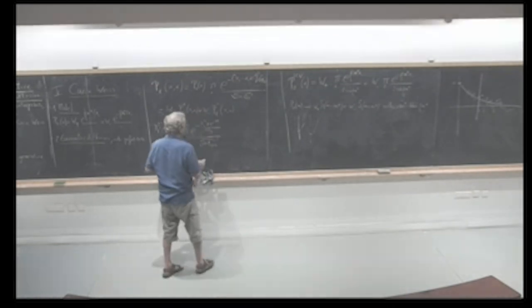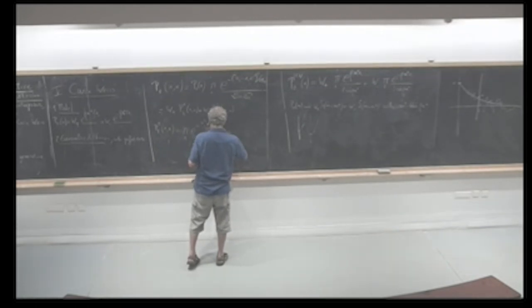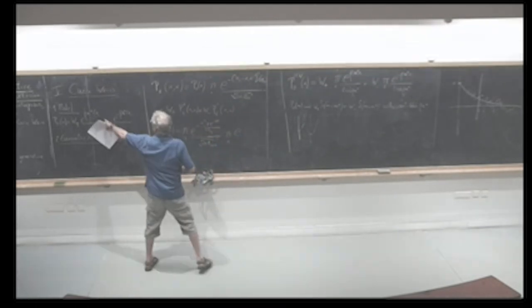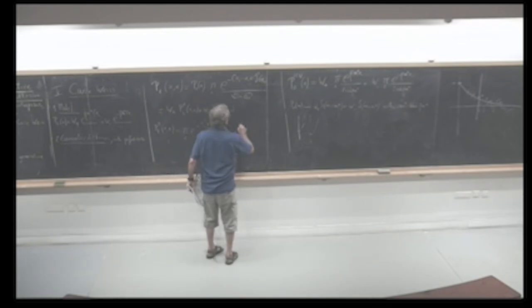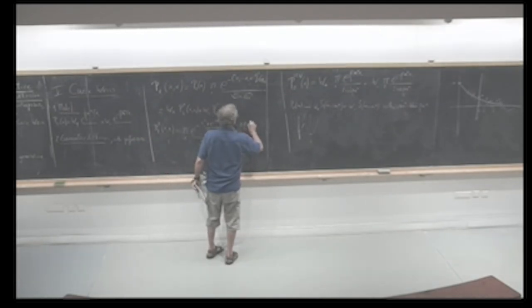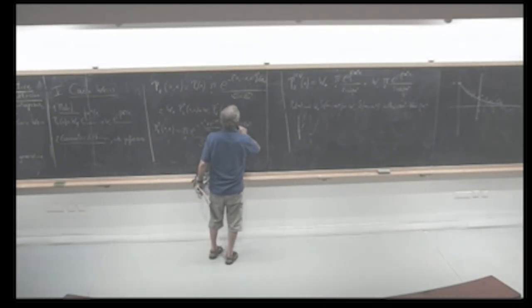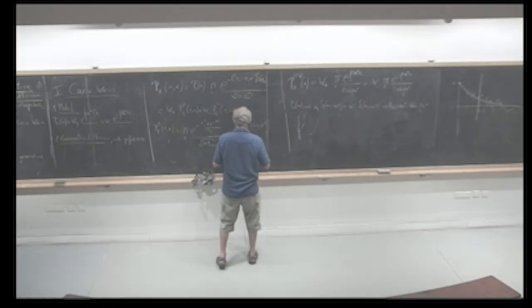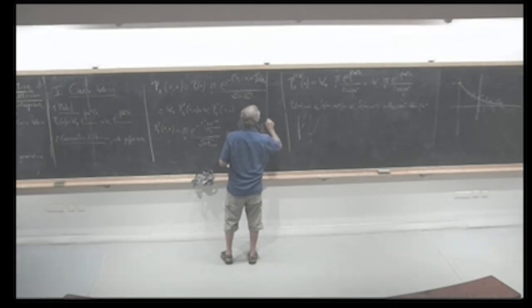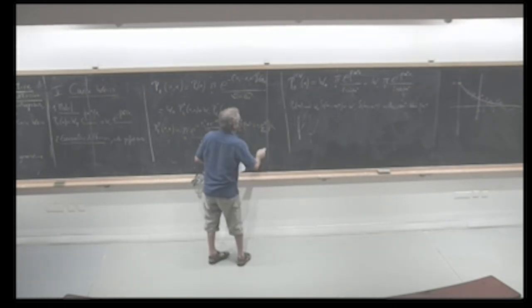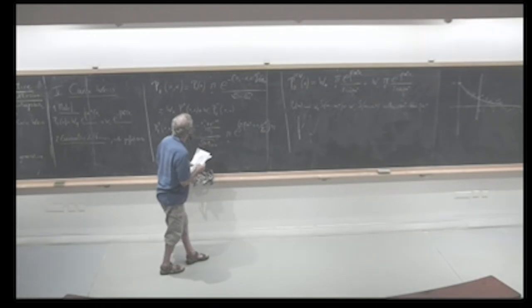And then I have a product over i of e to the plus or minus beta m star ai plus xi e to the minus t over delta t times ai.